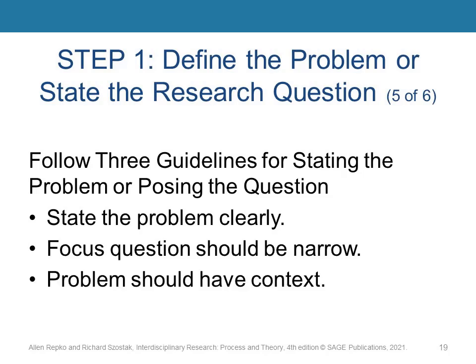Third, make sure the problem has context. Explain why it's important to your audience, why they should care about your work. Your textbook provides some examples of interdisciplinary problems and research questions. Examples of paragraphs that define the problem or question and its scope.